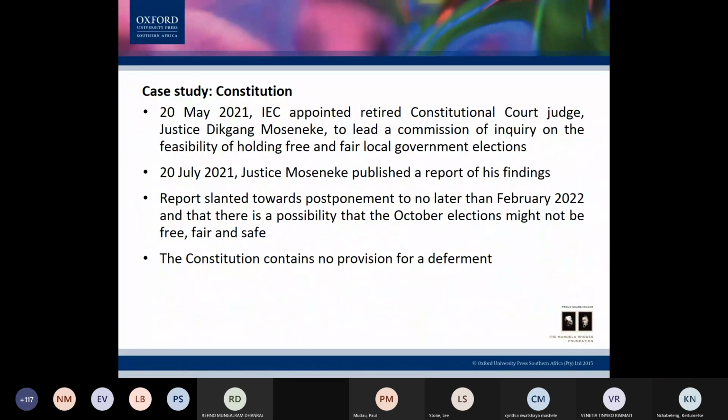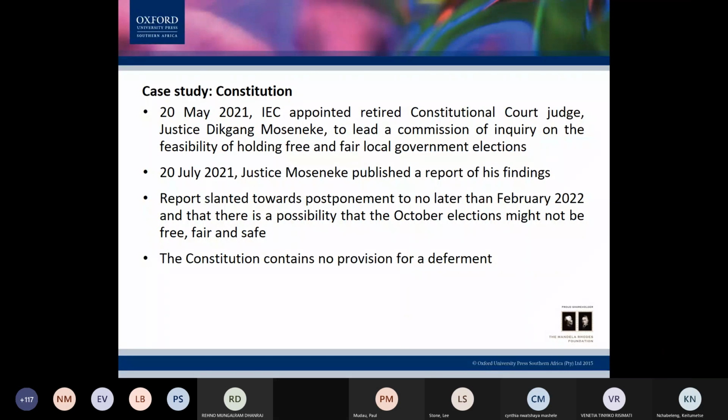The IEC felt challenged. It is caught between a rock and a hard place. On the 20th of May 2021, the IEC appointed retired Constitutional Court Judge, the former Deputy Chief Justice Dikgang Moseneke, to lead a commission of inquiry on the feasibility of holding free and fair local government elections.